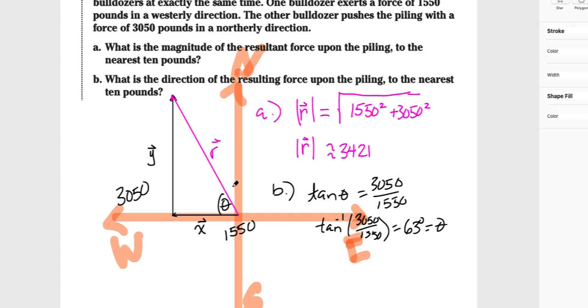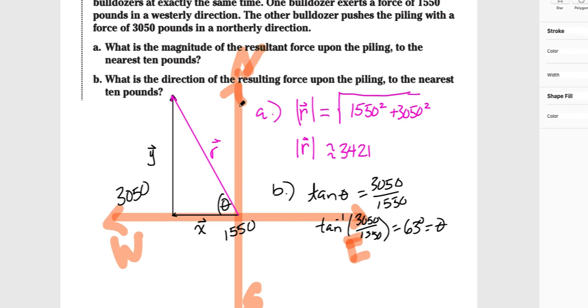The textbook answer would not be 63 degrees, nor would it be considering standard position and subtracting from the second quadrant, 180 minus 63 degrees, to get 117, which would make sense to me.